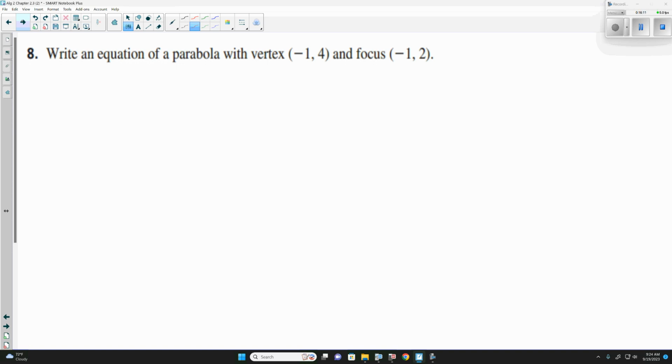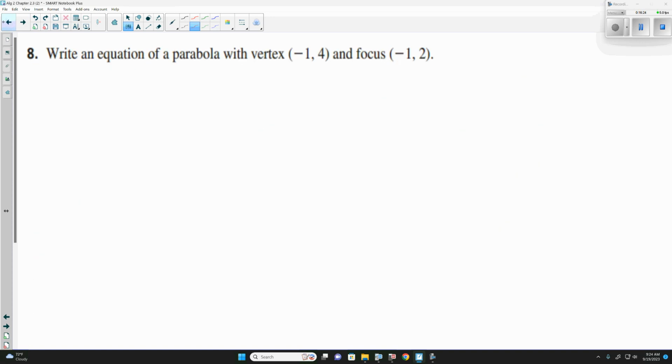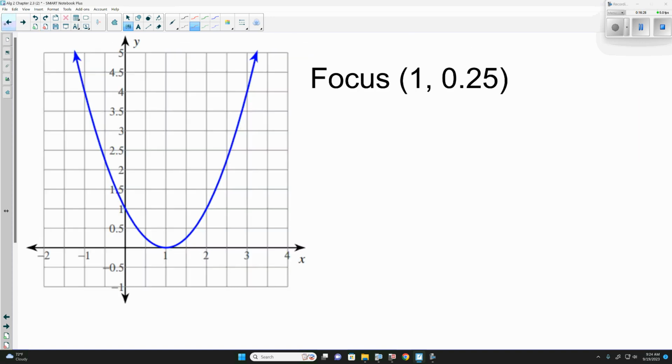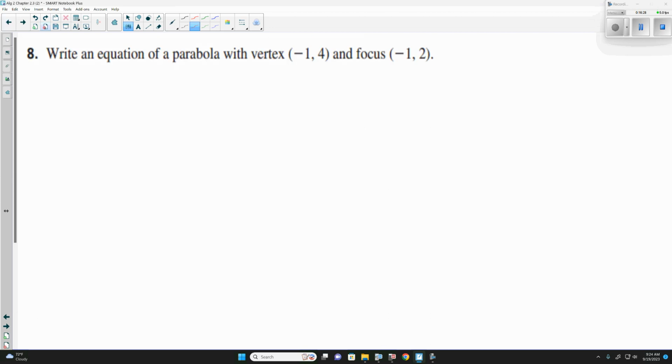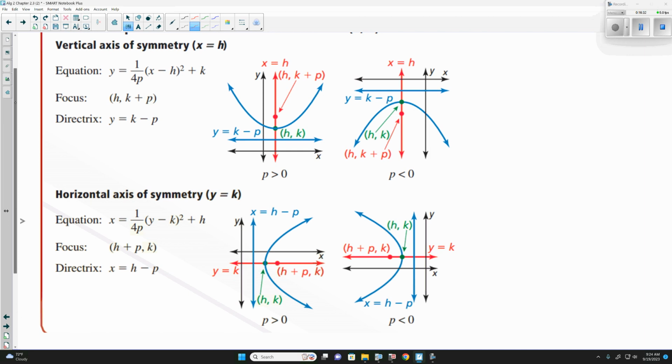The other, the directrix is y equals k minus p. It's kind of easier to pick out between the two. Now, with this one here, we're given the vertex and focus.